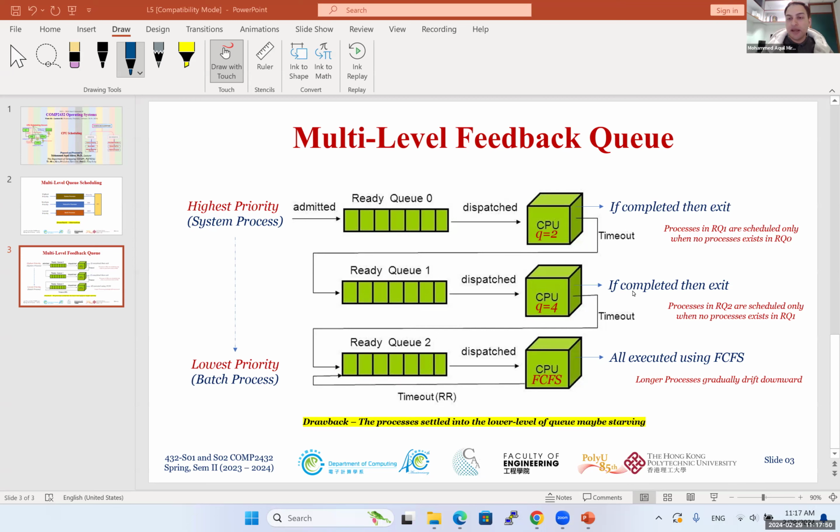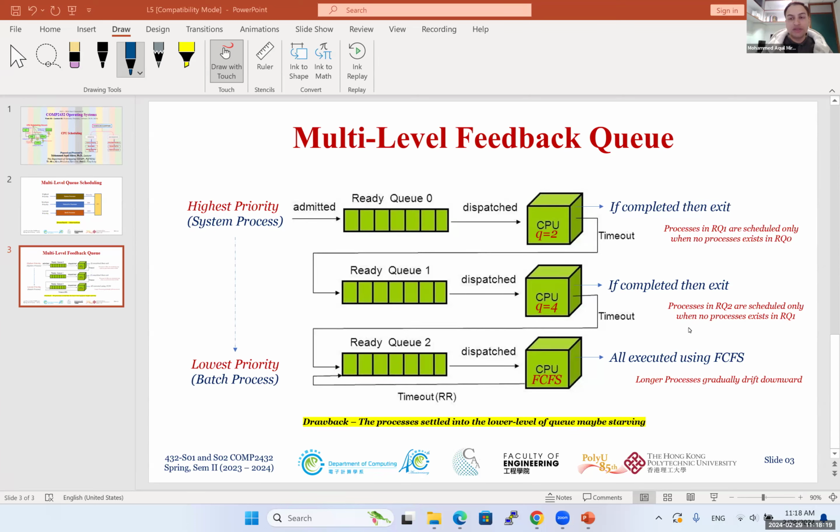Now remember, all the processes in ready queue 1 are scheduled only when no processes exist in RQ0. That means only when all the processes in ready queue 0 are executed will the processes in ready queue 1 be executed. And the processes in ready queue 2 are scheduled only when no processes exist in ready queue 1.